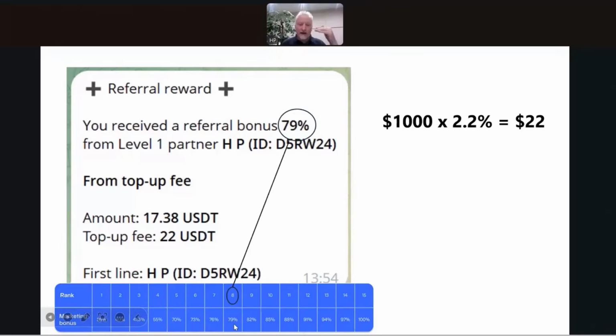So because I was rank 8, I get 79% of the top-up fee and 79% of the $150. How much is 79% of $150, please? So I got $118 for my wife getting a card. I got the commission, $118. And I got $17.38. And every time she goes shopping, I make money.